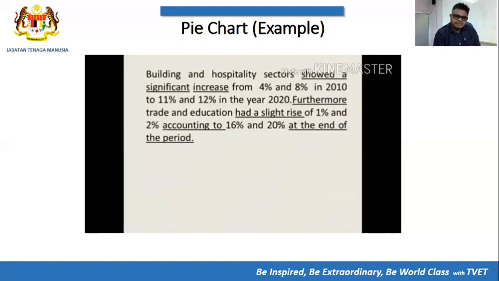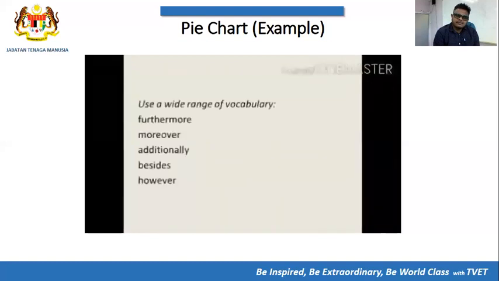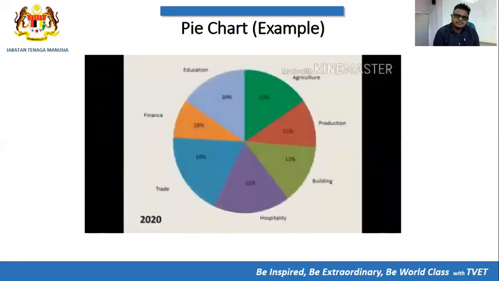In the second paragraph, as I told you earlier, you need to show how the sectors increase with their percentages. A significant increase means the sectors with more increase, and a slight increase means the sectors which have increased slightly. So in this way, you can write these differences, the increase in different sectors.